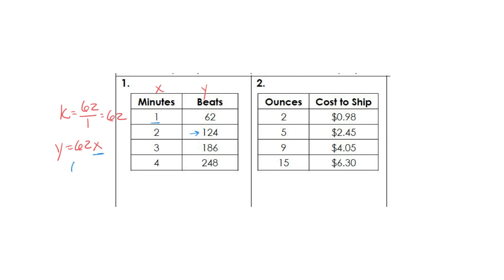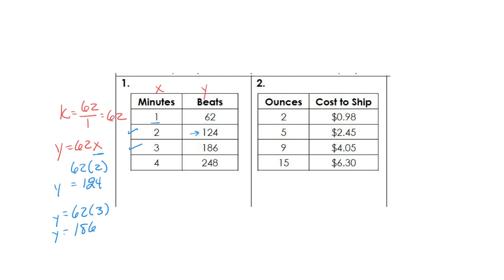So 62 times 2 equals 124. So y equals 124, that is correct. 62 times 3 gives us 186, so y equals 186.